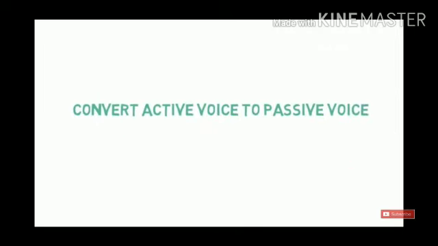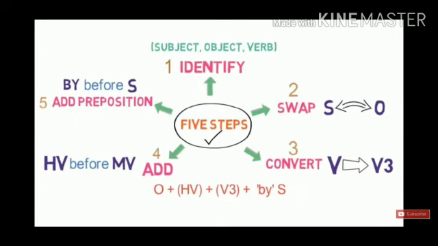Now we can see how to convert active voice to passive voice. There are basically 5 simple steps. The first step is to identify the subject, object, and verb in the sentence.